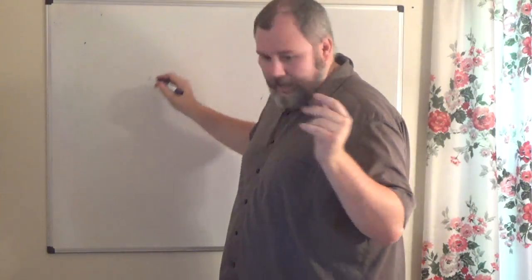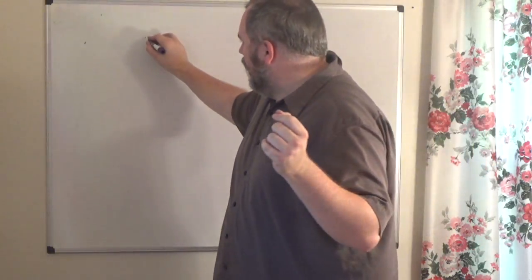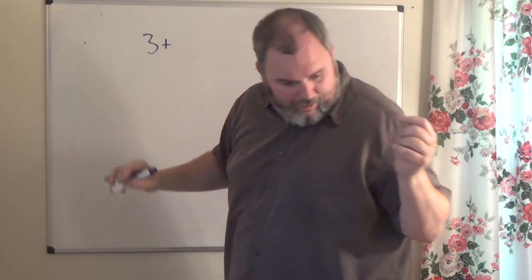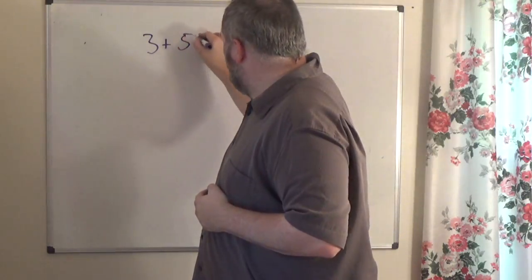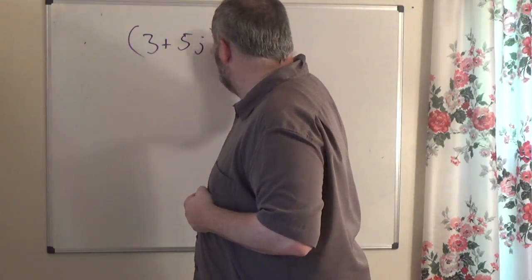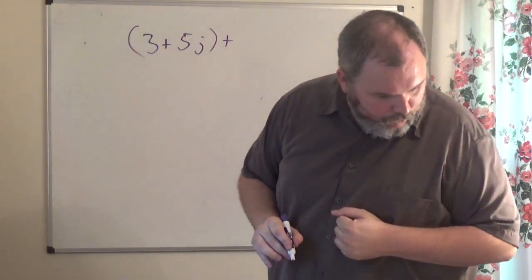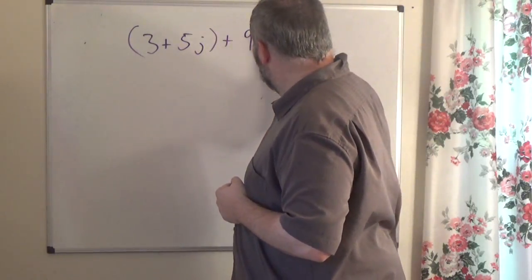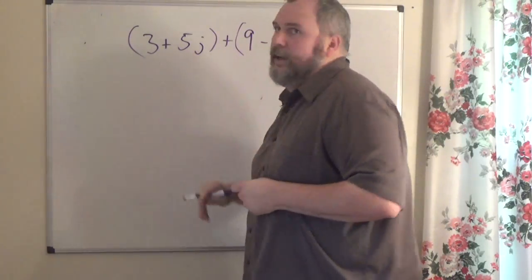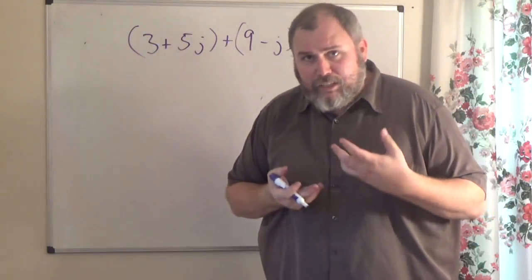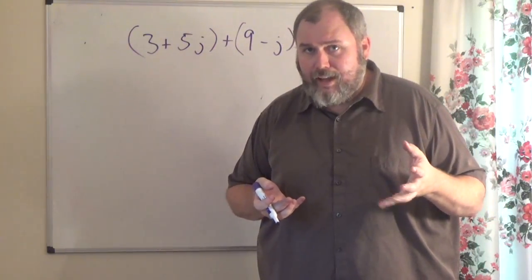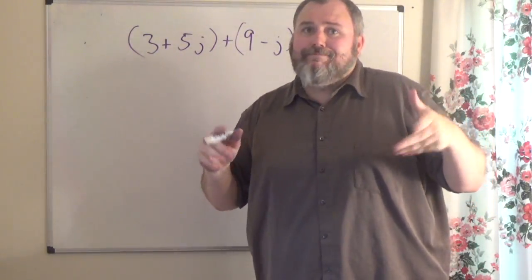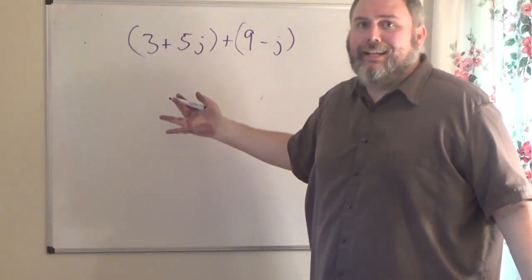All right. So I have the first one, 3 plus 5j plus 9 minus j. Like I said, we treat this like a variable at first. Combine your like terms, guys.